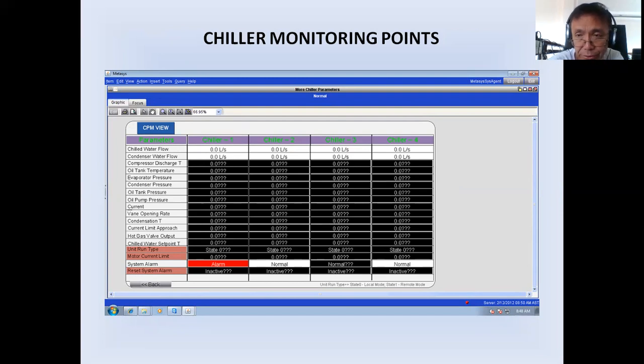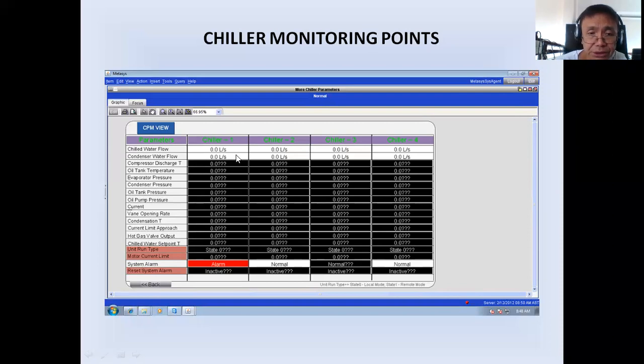Chilled water flow, condenser water flow, compressor discharge temperature, oil tank temperature, evaporator pressure, condenser pressure, oil tank pressure, oil pump pressure, current, which is the current being drawn by the chiller or the compressor, then vane opening rate, which is the opening for the refrigerant, condensation temperature, current limit approach, hot gas valve output, chilled water set point, unit run type, motor current limit, system alarm, reset system alarm. So these are all the points being monitored in each chiller.